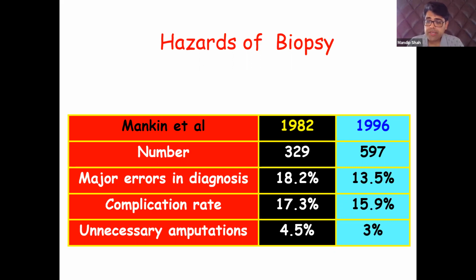So we should be very, very aware of biopsy principles if you are planning to do a biopsy. Now, this is a paper of the legendary Henry Mankin, where he studied the hazards of biopsy, and he said the major errors of diagnosis, complication rates, and unnecessary amputations are related to poorly performed biopsies.